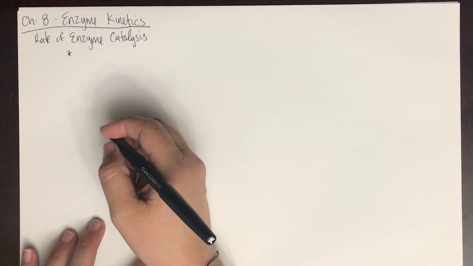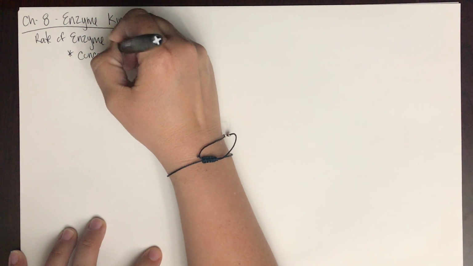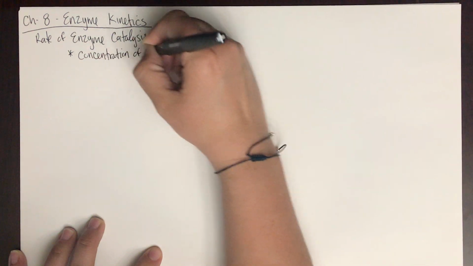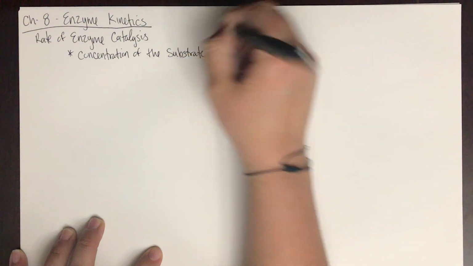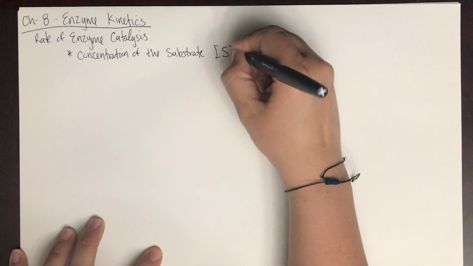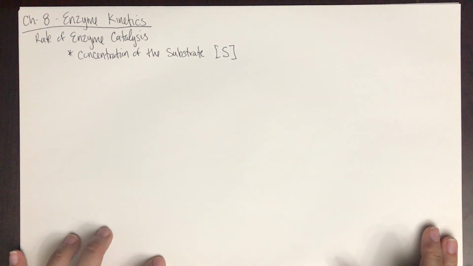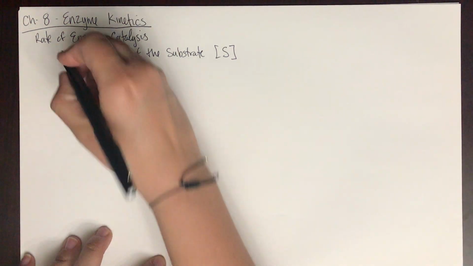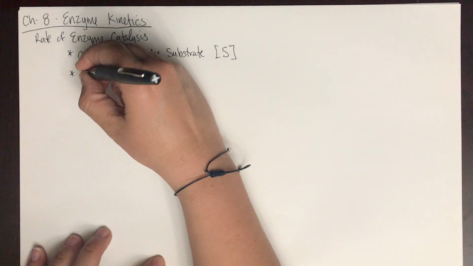It depends on the concentration of the substrate, which we're going to represent like this. Remember, anytime we have brackets like that, that represents concentration in molarity. It also depends on the concentration of the enzyme.